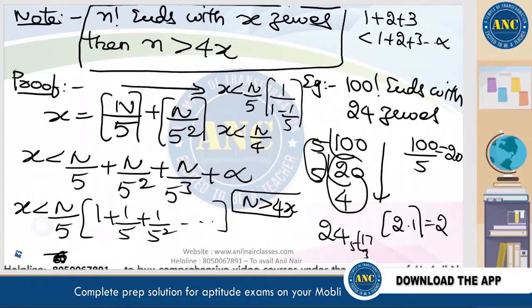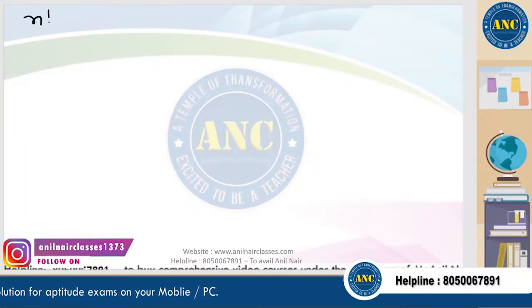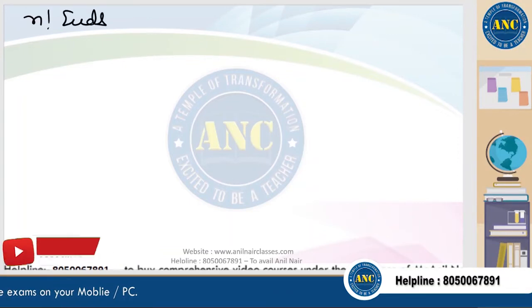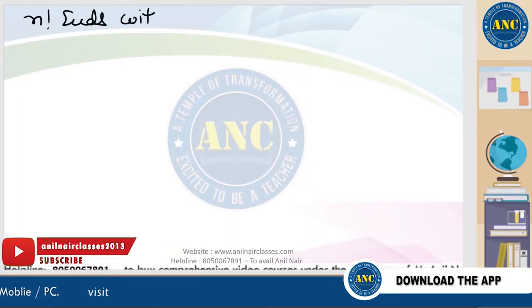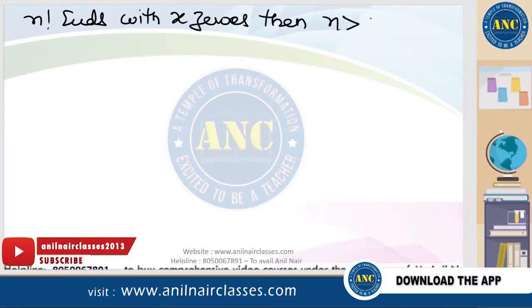Write down this point. N factorial ends with x zeros, then n is greater than 4x.